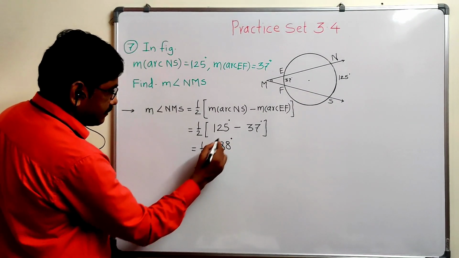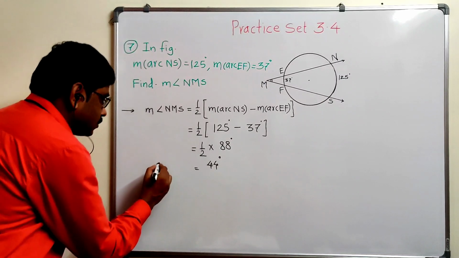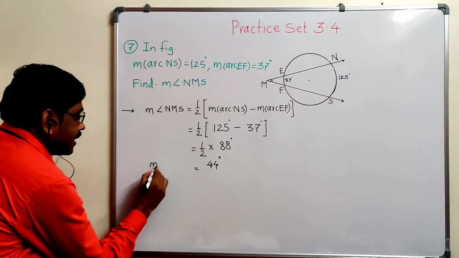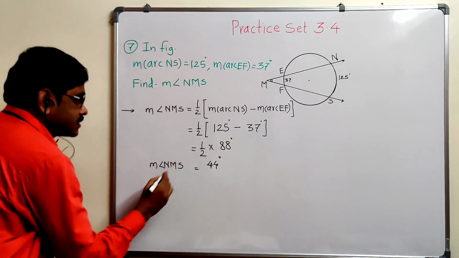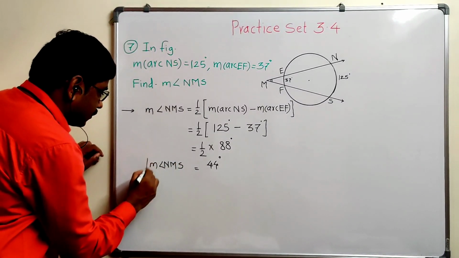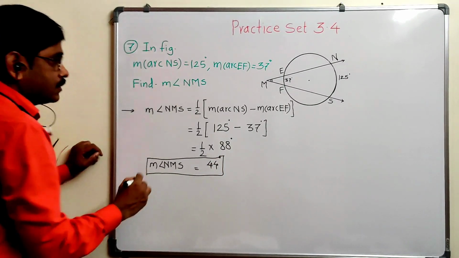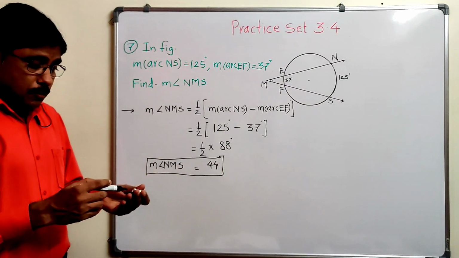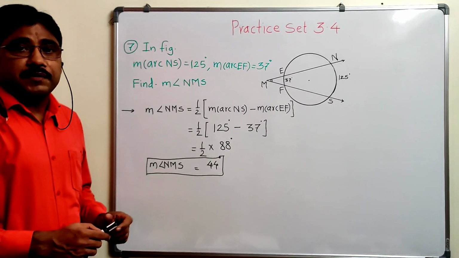So divided by 2 we get 44 degree. So in this way measure of angle NMS is equal to 44 degree. We get our answer. So this is the use of those relations that we wrote in that previous video.